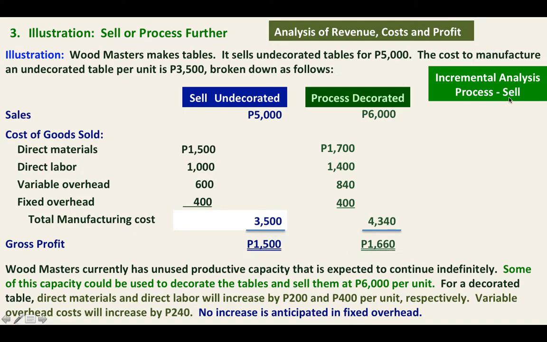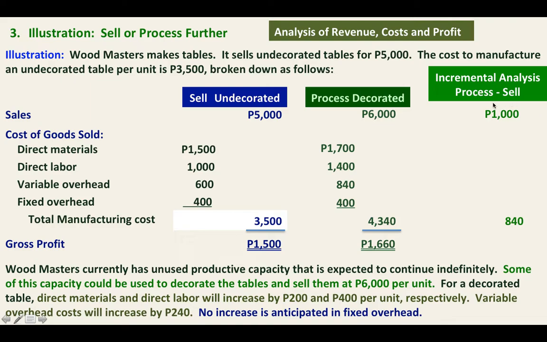When we make an incremental analysis between process and sell, we will start with process, then minus whatever the sell data is. So 6,000 minus 5,000, we have positive 1,000. That's the increase in sales. And for the cost, there is also an increase in cost: 4,340 minus 3,500, that will be 840.